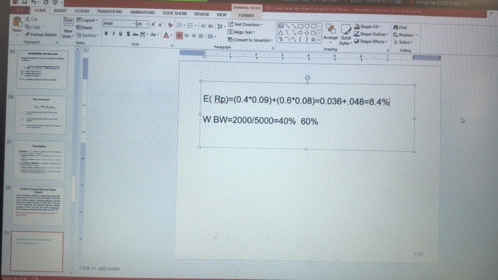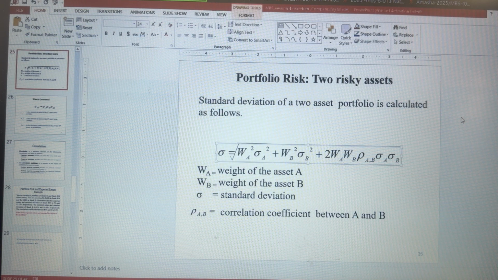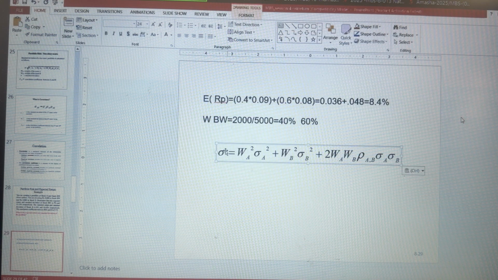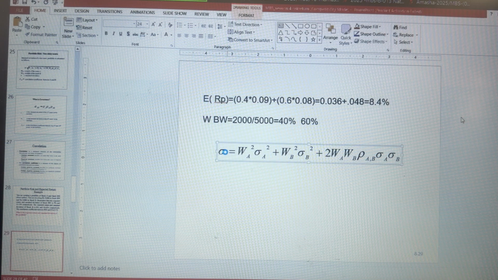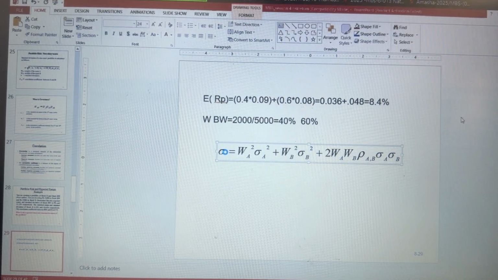Right. So now we can calculate the portfolio's standard deviation by using this equation. We can copy paste this equation. This is actually the portfolio's variance.